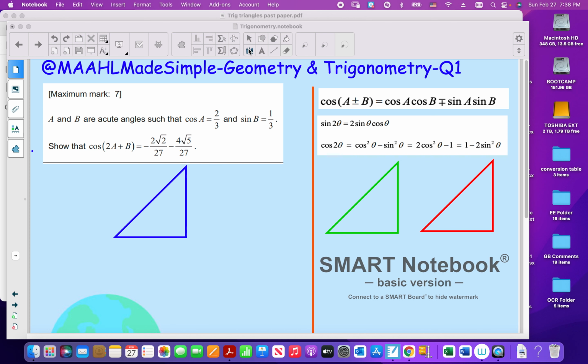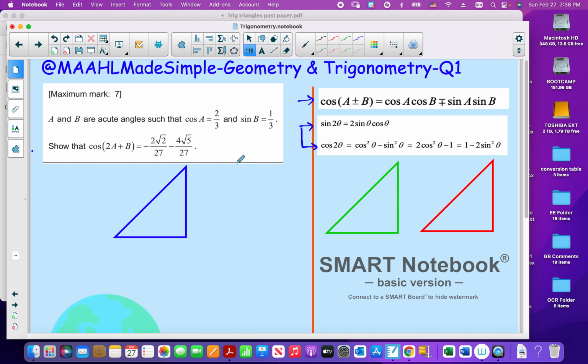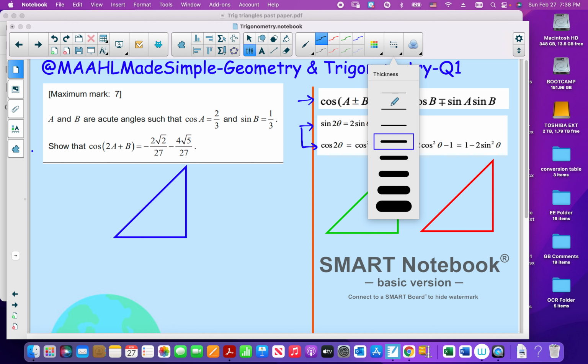The formulas that you should be familiar with are in the formula booklet: cosine sum and difference of two angles, sine 2 theta, which is the double angle identity for sine as well as cosine, and also the basic right angle trigonometry, which I'm going to explain here.